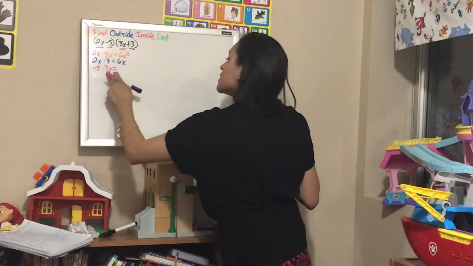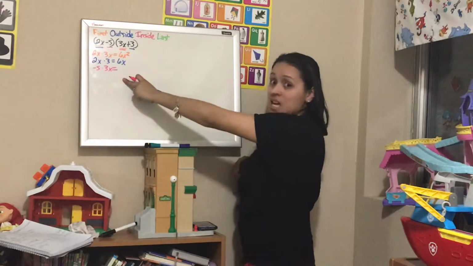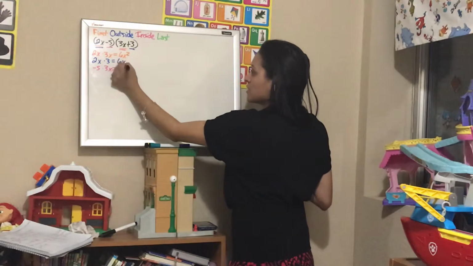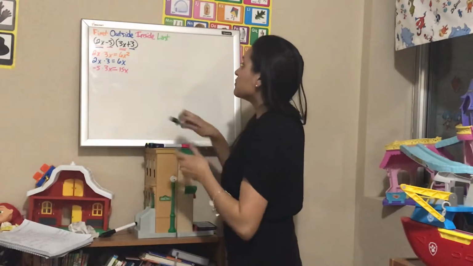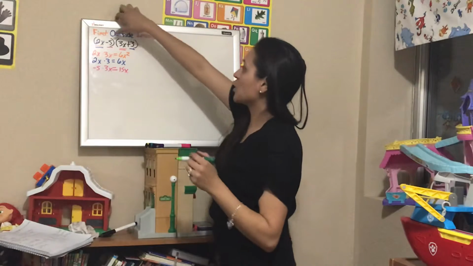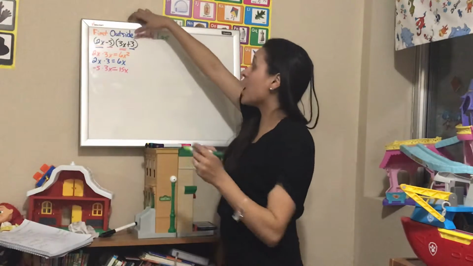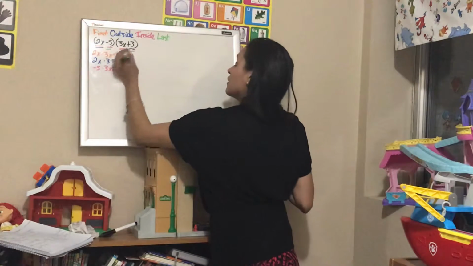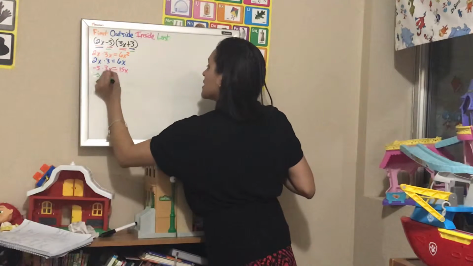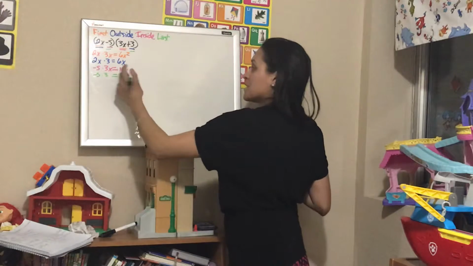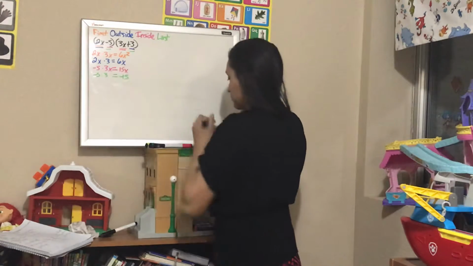So a negative times a positive is going to give us a negative 15x. Our last terms are going to be negative 5 and positive 3. That's going to give us a negative 15.